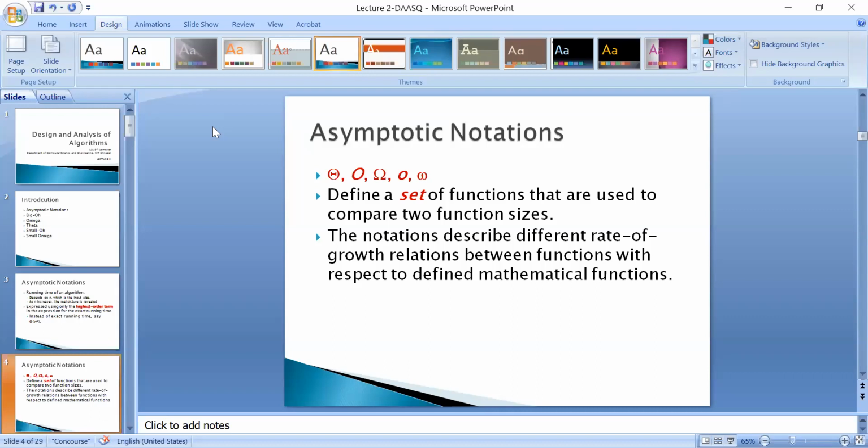The runtime is defined in terms of functions so that you can tell the user that as you give input, as your size of input increases, how does it affect the efficiency of your program. This is how I can tell you mathematically, using a graph, how the time will change based on the size of your input. So we are actually telling the rate of growth of the functions.